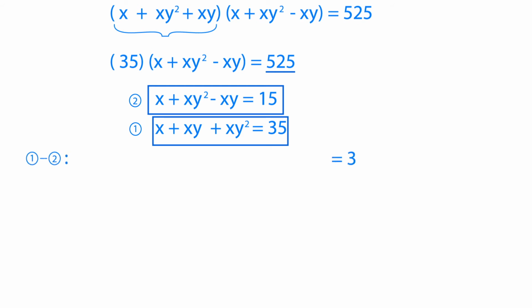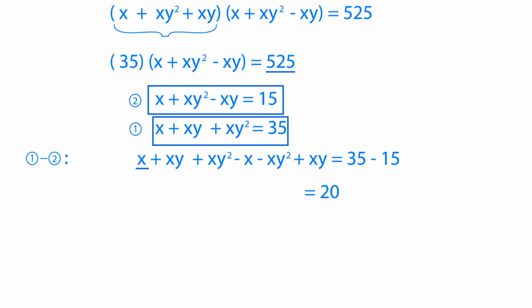So on this side it just becomes 35 minus 15. On this side it becomes x plus xy plus xy squared minus xy squared plus xy. So this is 20.